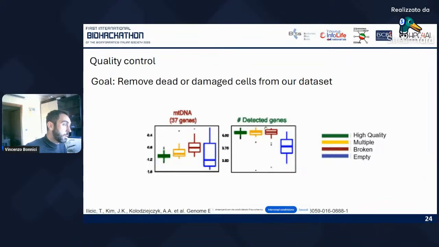If you have multiple droplet doublets, or if you have broken cells, or if you have empty cells. And actually, as you can see in the paper, you can have a valid indication of it. Okay.